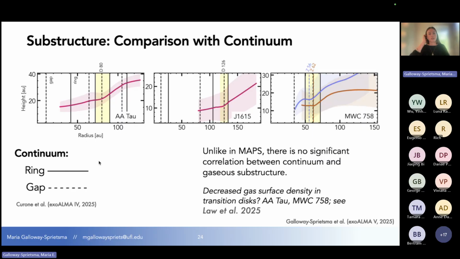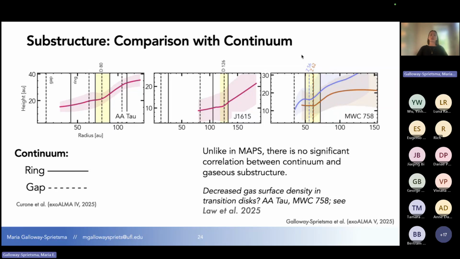So the first thing that we did was compare this substructure with the continuum substructure. So in these three plots, I am showing the continuum rings and gaps as dashed and solid lines. And then I'm also showing in pink and blue and orange the emission surfaces.